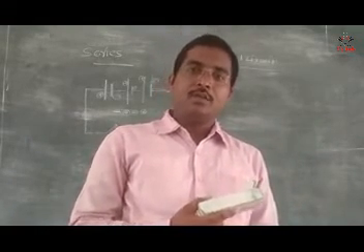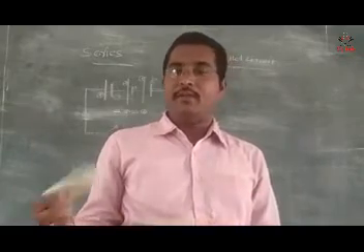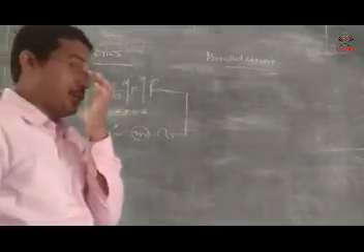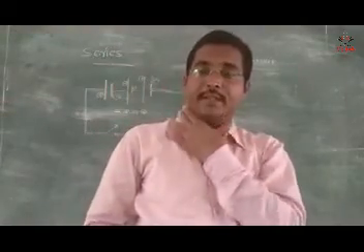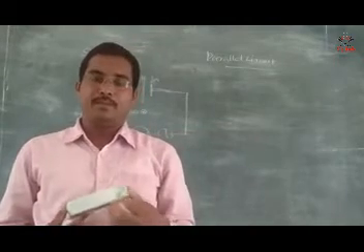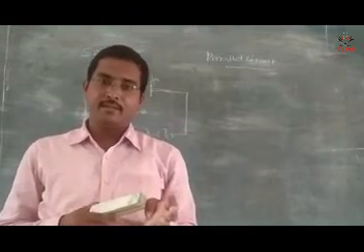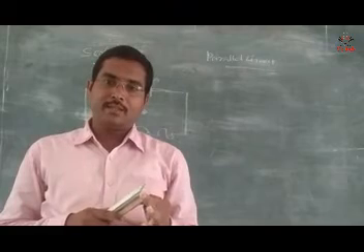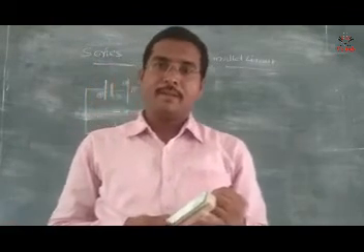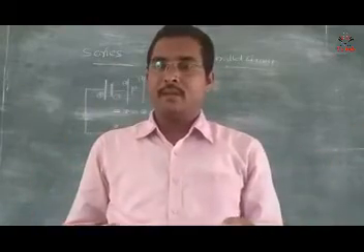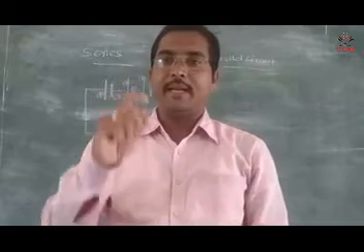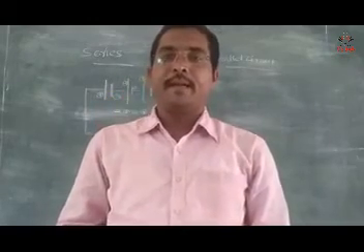So what are the disadvantages of this series circuit? Where do you find the series circuit? For decoration, in marriage functions, any occasions, family functions and festivals, we decorate the temples and function halls with decorating bulbs.